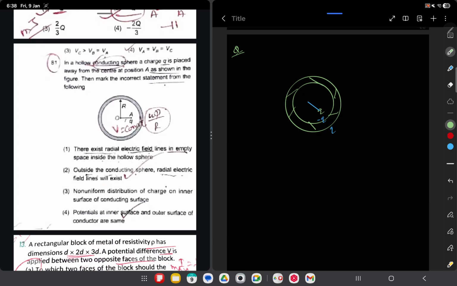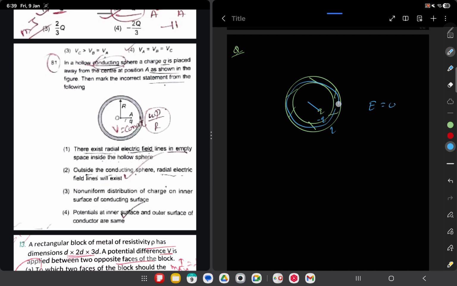Now the fourth option: the potential at the inner surface and outer surface of the conductor is the same, because inside the conductor the electric field is 0. At this point and this point, as E is 0 and E equals minus dV by dr, V should be constant.